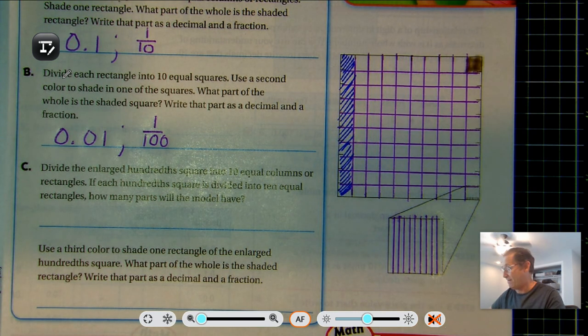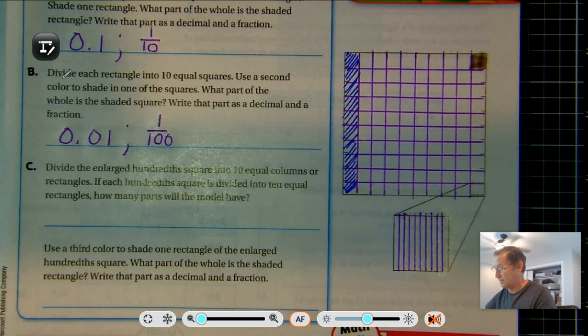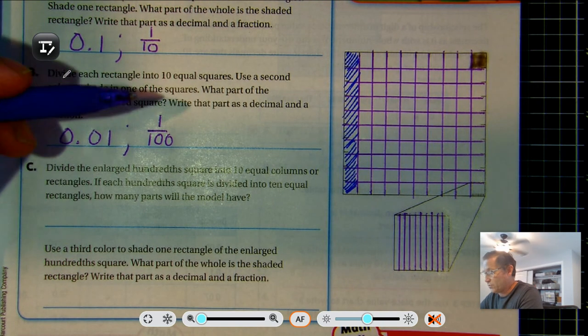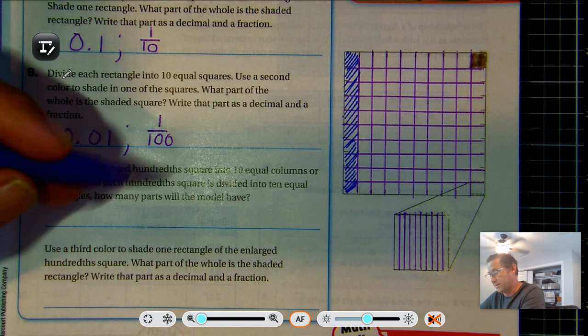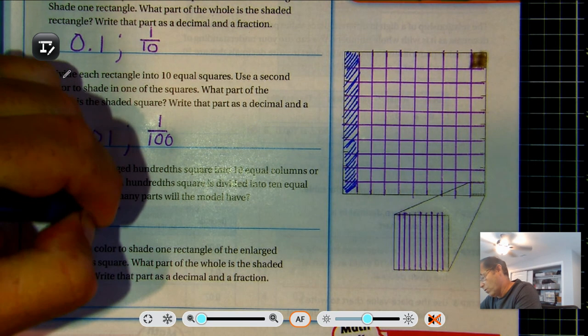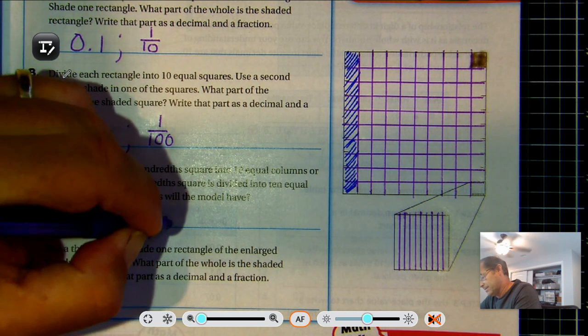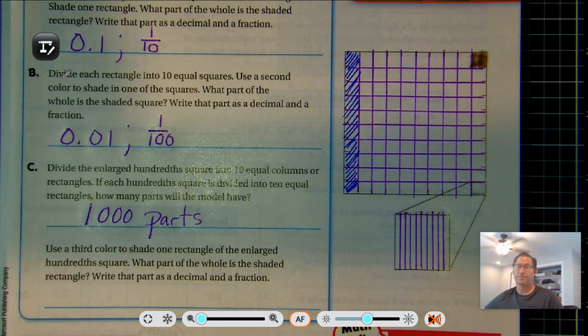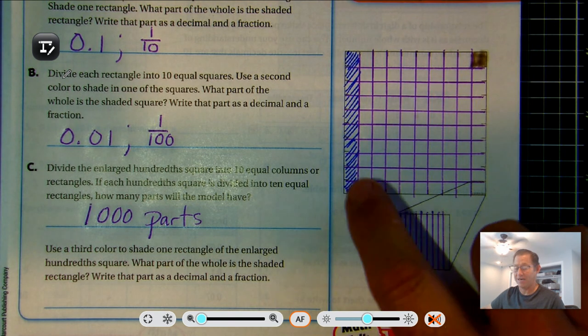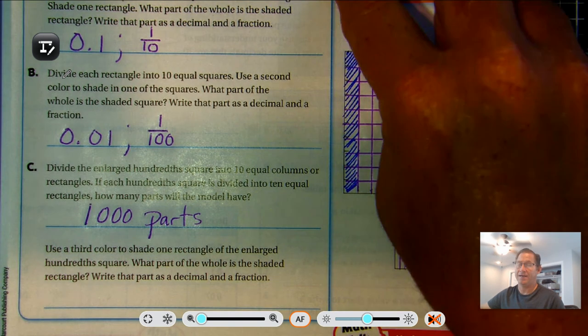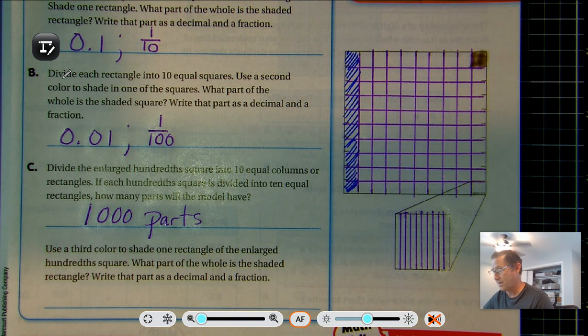So now we'd have 1,000. So if each 100 square is divided into 10 equal rectangles, how many parts will the model have? It's got to have 1,000 parts. Because it would be 10, 20, 30, 40, 50, 60, 70, 80, 90, 100. And 10 hundreds is 1,000.